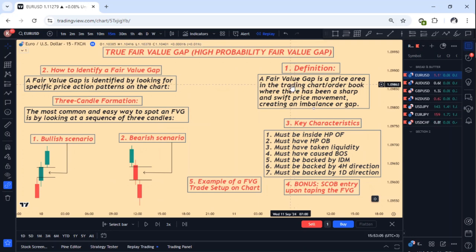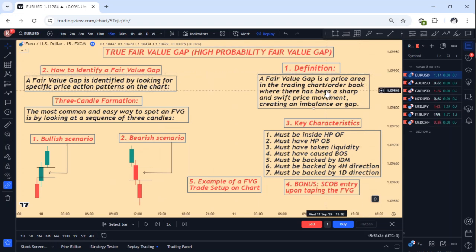Now, fair value gap is basically a price area in the trading chart or order book where there has been a sharp and swift price movement, creating an imbalance or a gap. This occurs when price moves so quickly in one direction that not all orders are filled, leaving a gap between opposing orders, that is the buy orders and the sell orders.